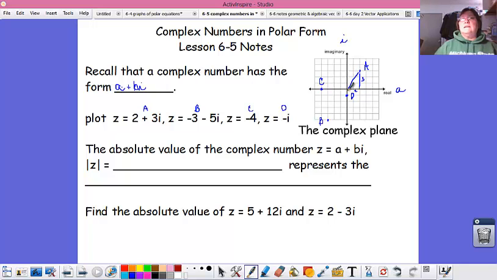And to find the absolute value, that's the distance that that number is from the origin, that's a Pythagorean theorem thing. The absolute value of z is going to be the square root of its a squared plus its b squared. Again, that represents the distance from the point to the origin, or vice versa.